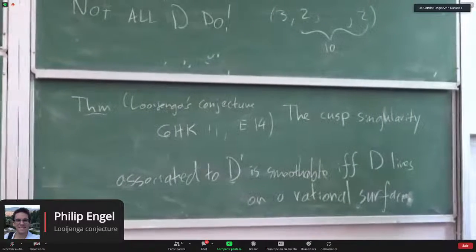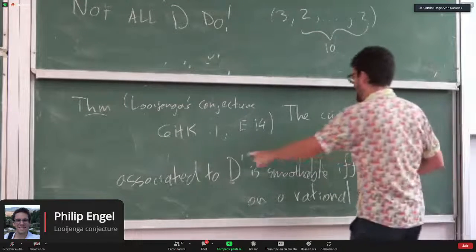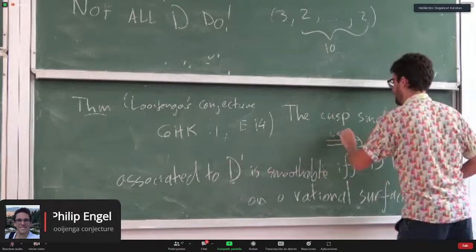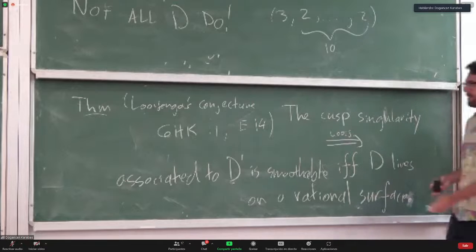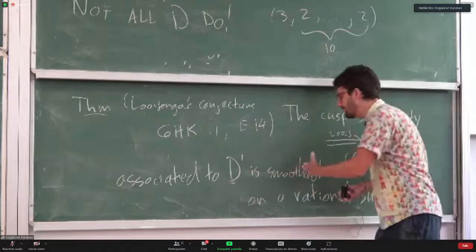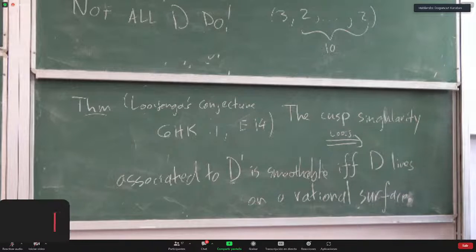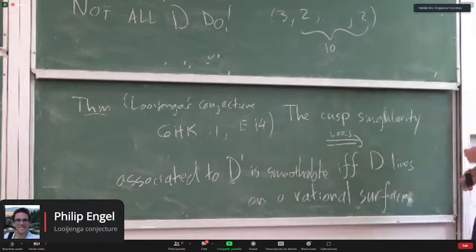He showed that this implication holds. If this singularity is smoothable, then the cycle appears on some rational surface. Essentially, from the smoothing itself, he constructs this rational surface with the cycle on it. And so the open part of the conjecture was the reverse.